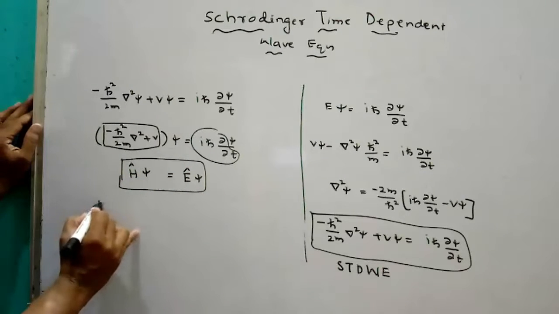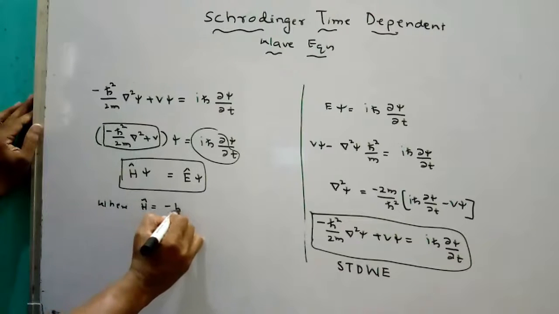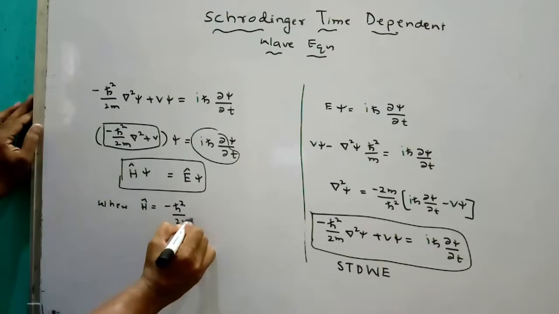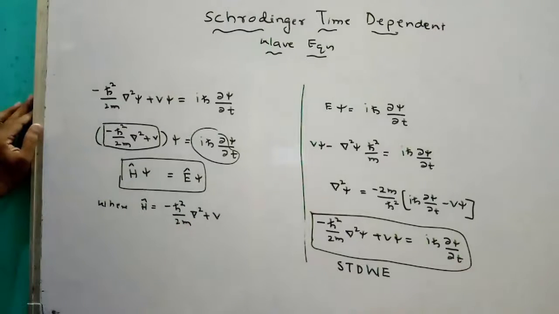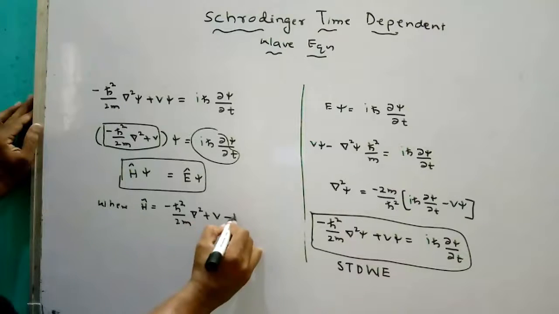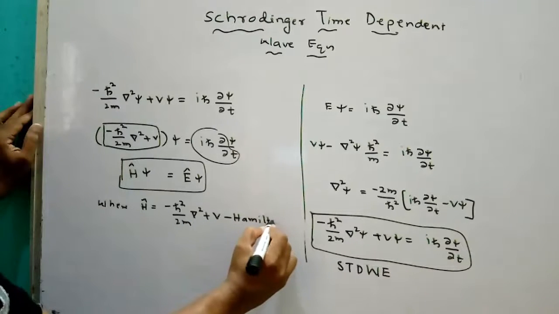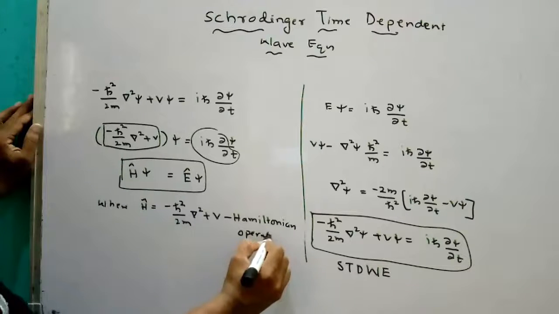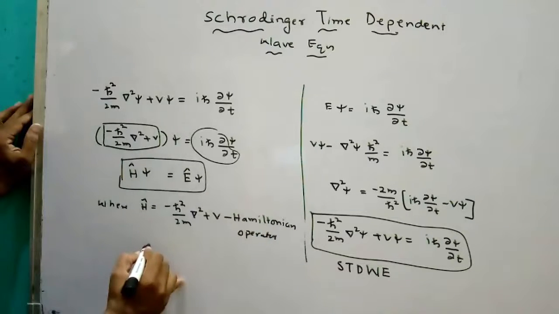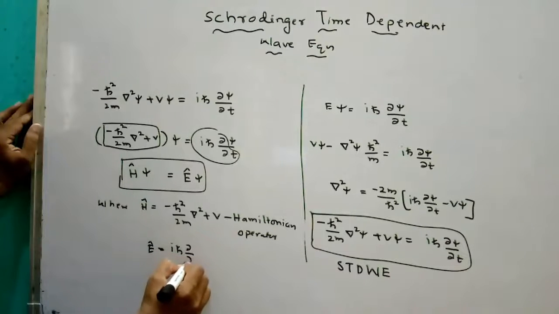Where H equals minus h cut square by 2m del square plus V. This is the Hamiltonian operator. Next, E equal to i h cut dou by dou t.